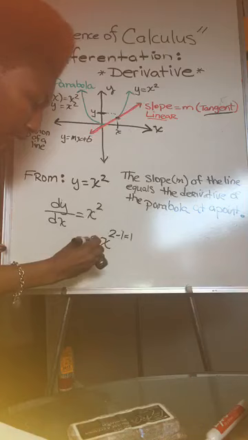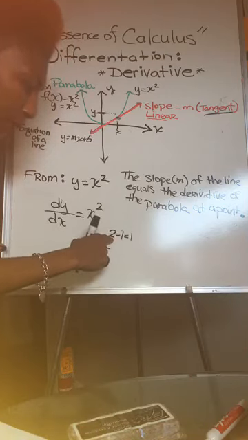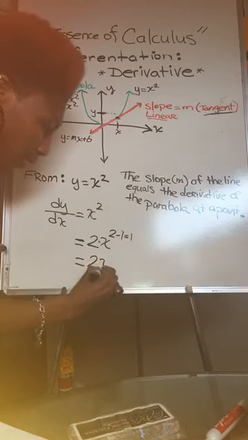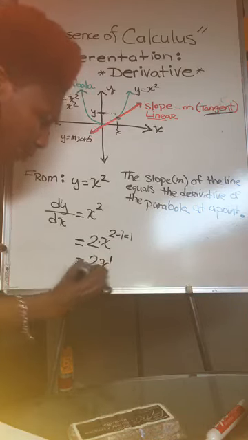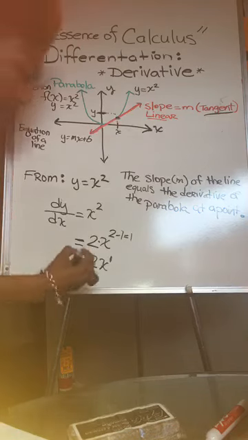Multiply, I can put a little dot here, multiply to x, and then we subtract the power that we have here by 1. So we have 2x to the first power, and in a textbook they would not leave that 1 there, that power 1, because it's understood when you have a variable without a power or exponent that it is always 1. So let's rewrite it.